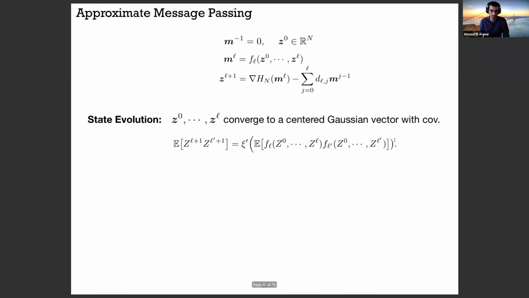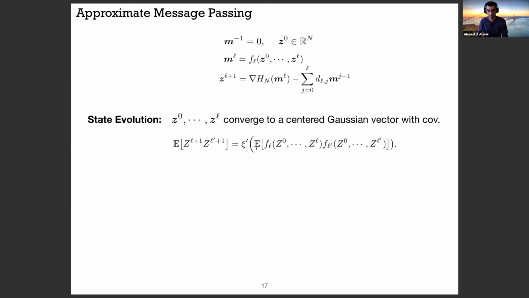Okay. So there's a general characterization of all of these algorithms. It says that in the limit, as n goes to infinity, in a certain sense, these iterates up to any fixed time L will converge to a certain centered Gaussian vector. So it's centered, it's Gaussian, and its covariance is given recursively by this formula.